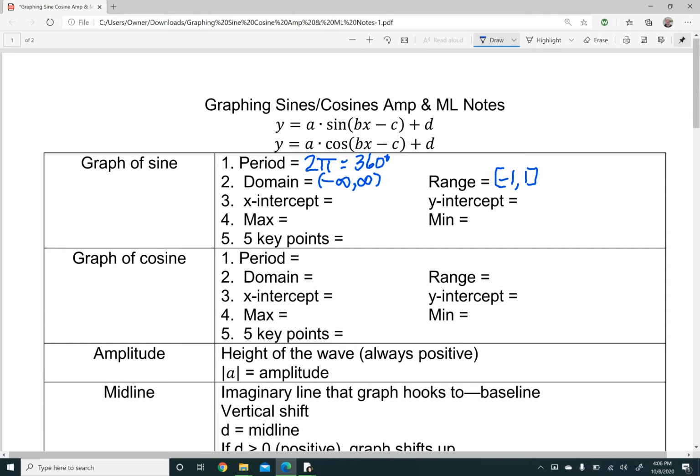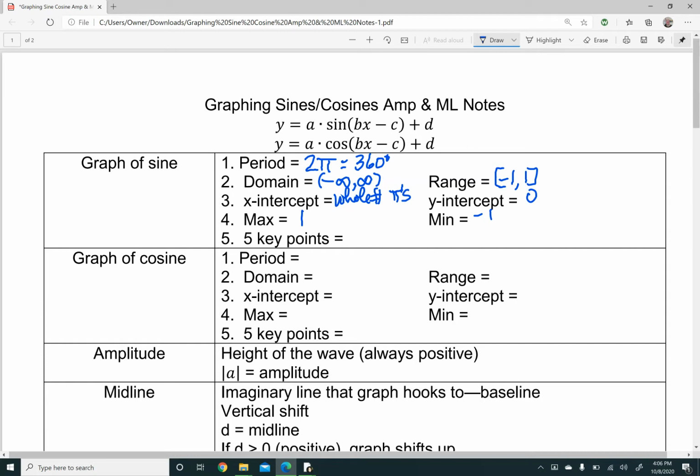The x-intercepts are whole number pi's, and the y-intercept is 0. The max of this graph is 1, and the min is -1. And this is if the graph isn't shifted.